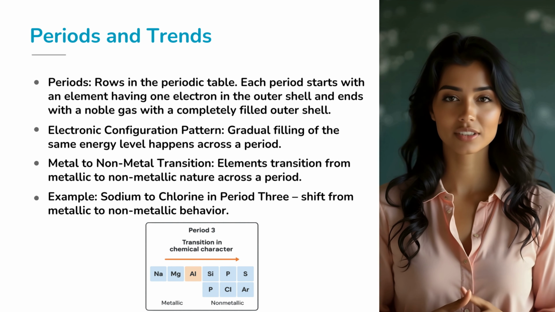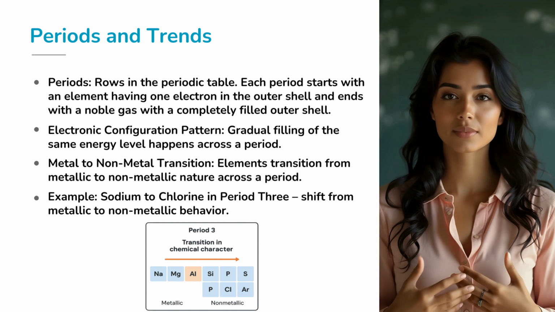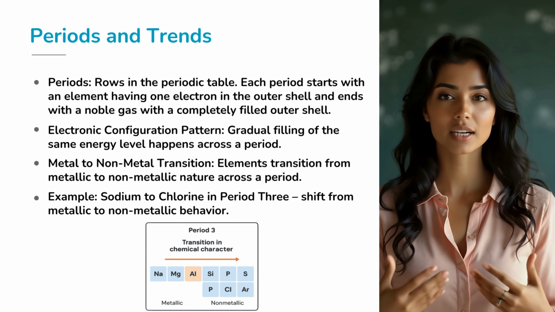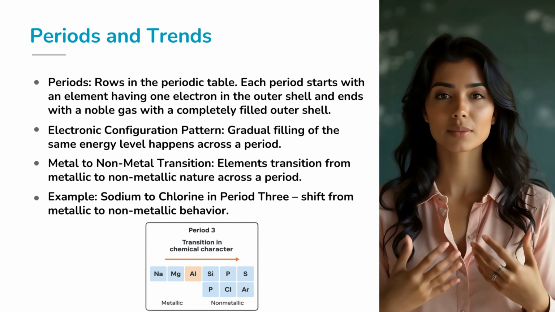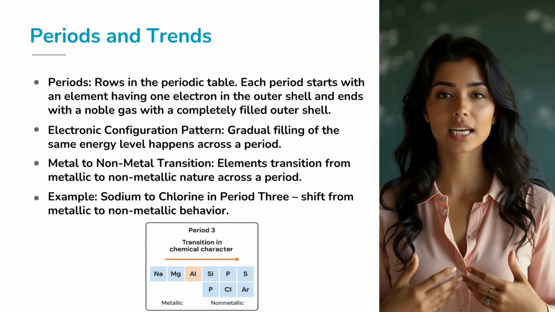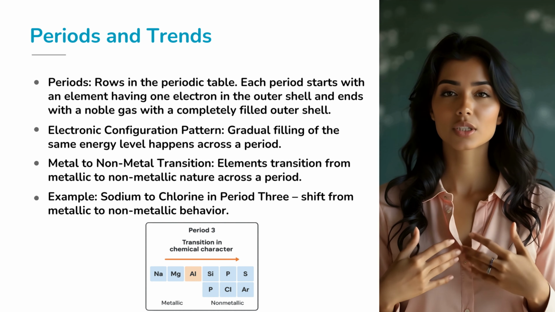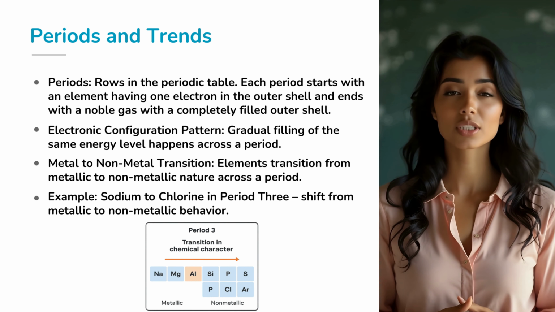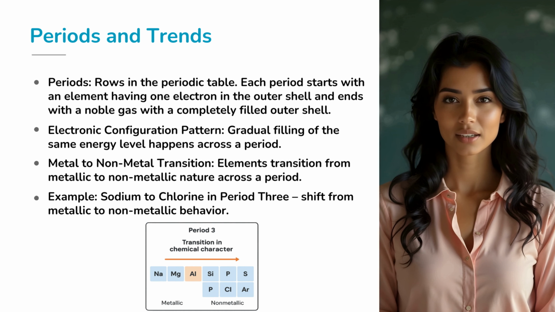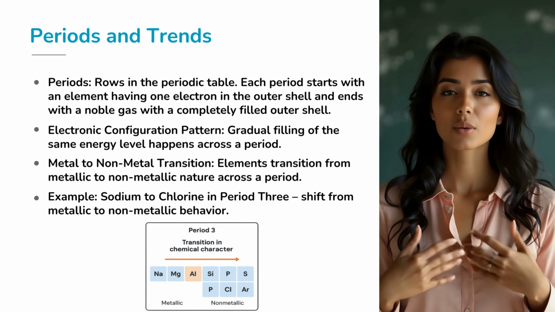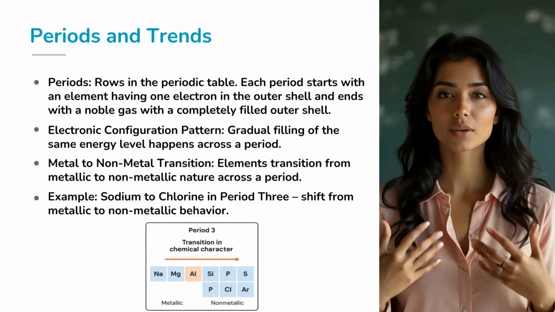Let's move across the table literally. Each horizontal row is called a period. What's fascinating is that a period always begins with an element having one electron in its outermost shell, like sodium, and ends with a noble gas like argon, which has a completely filled outer shell. Across a period, elements gradually shift from metallic to non-metallic behavior.